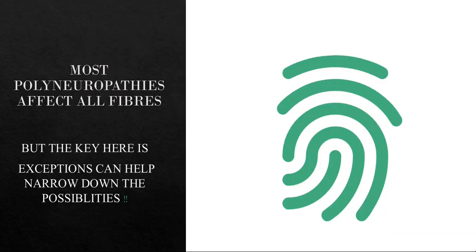So how is that connected to polyneuropathy? Now, all polyneuropathies, or most polyneuropathies, will affect both small fibers and large fibers. But the key here is, if the patient's symptoms and nerve testing results are consistent with involvement of only the small fibers or only the large fibers, then that gives you a very important piece of information to categorize and narrow down the possible causes of polyneuropathy.